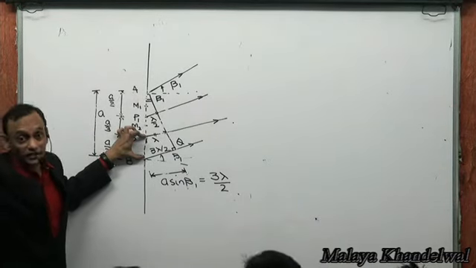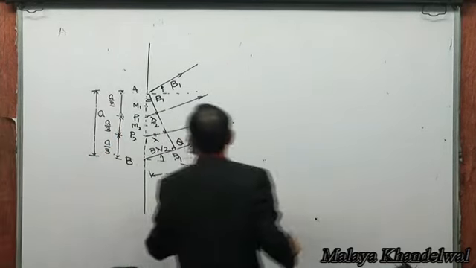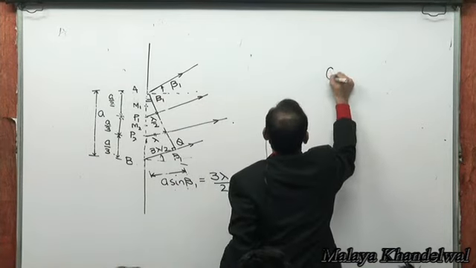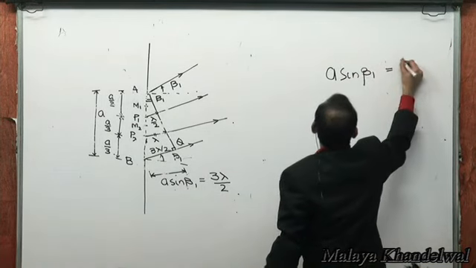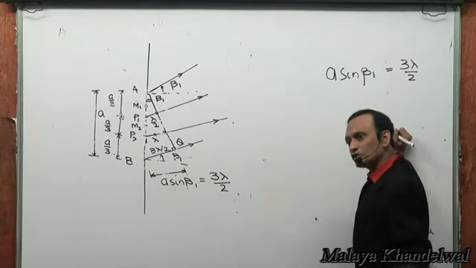Right? What point on the screen? The point on the screen for which theta is beta 1, given by A sine beta 1 equal to 3 lambda by 2. Such will be the point P on the screen.